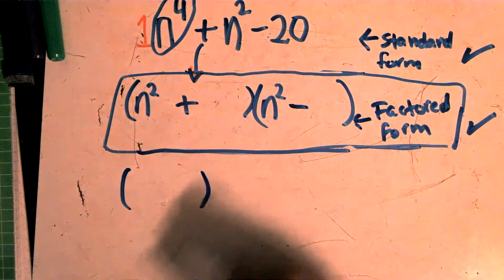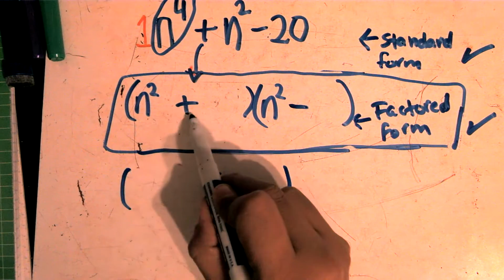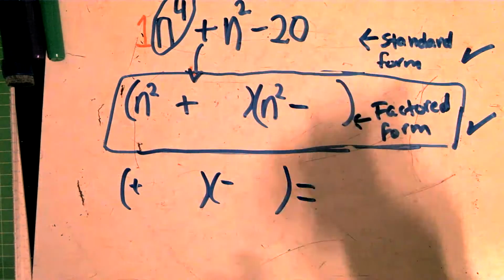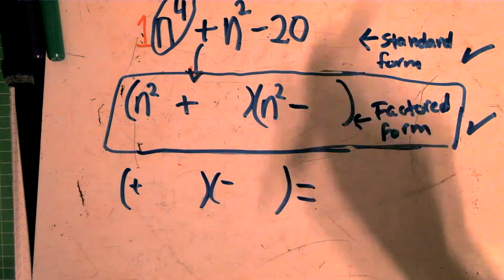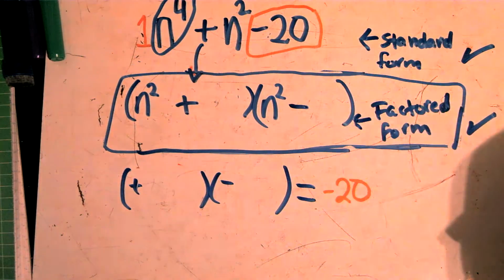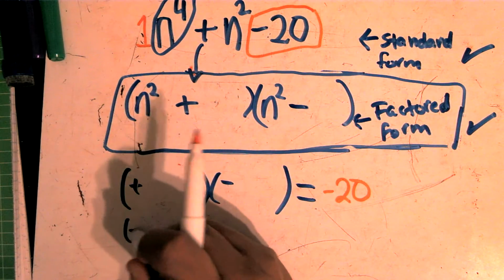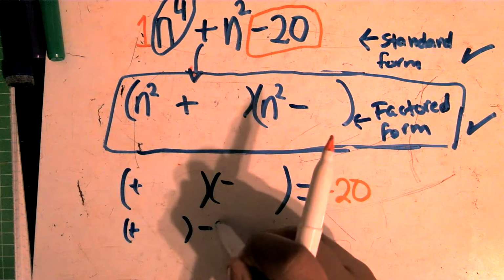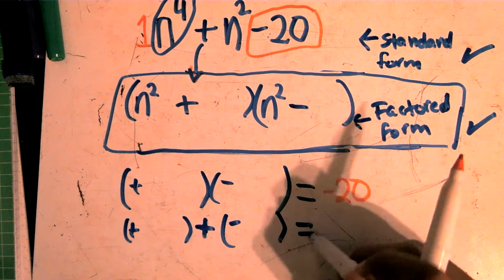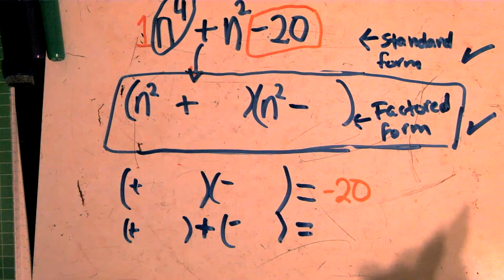Then I need to find 2 numbers, a positive and a negative, that multiply to the constant, which is a -20. And those same 2 numbers, that positive number and that negative number, have to add up to your middle term.